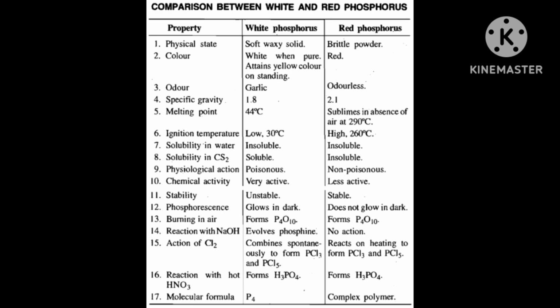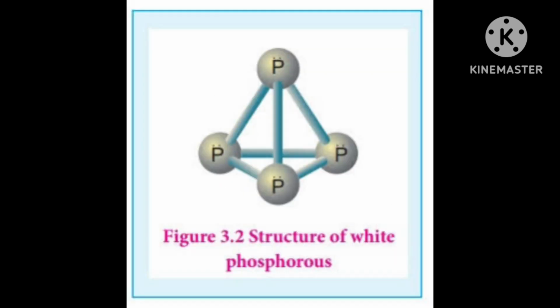Second reaction, with use of HCl: Ca3P2 plus 6HCl. When water was there, 6 molecules; here also 6 molecules. Then you will get calcium chloride, 3CaCl2, and again 2PH3.